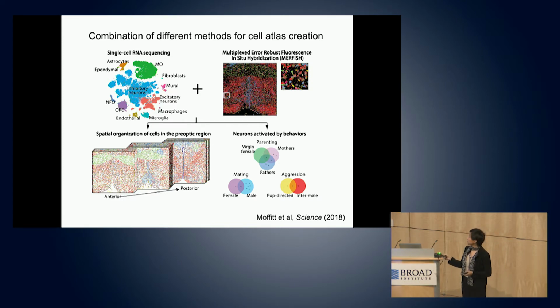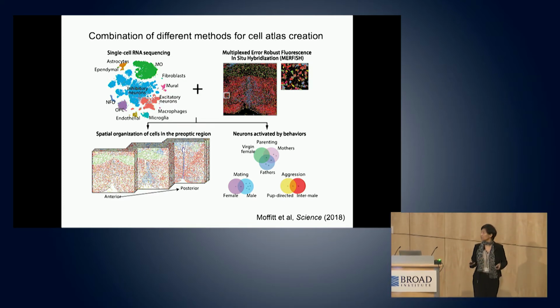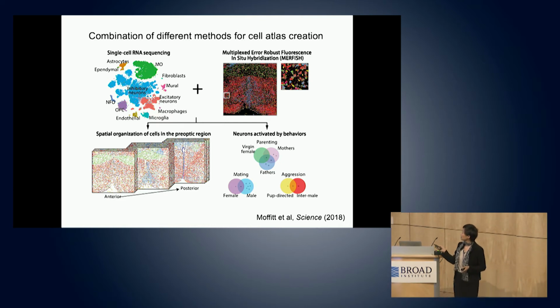For the gene selection, we get help from the single-cell RNA-seq. Half of the genes are selected based on cell markers defined by the single-cell RNA-seq. The other half is based on known knowledge of the hypothalamus in terms of what are the genes of functional importance.